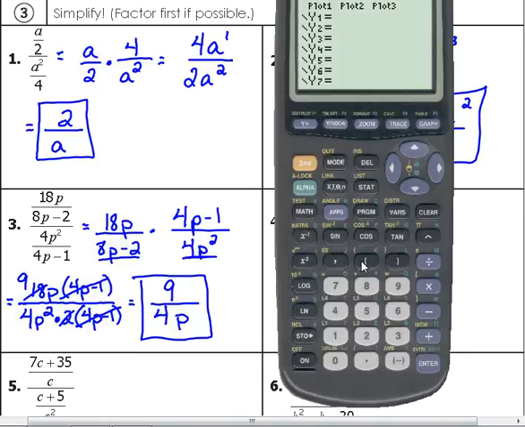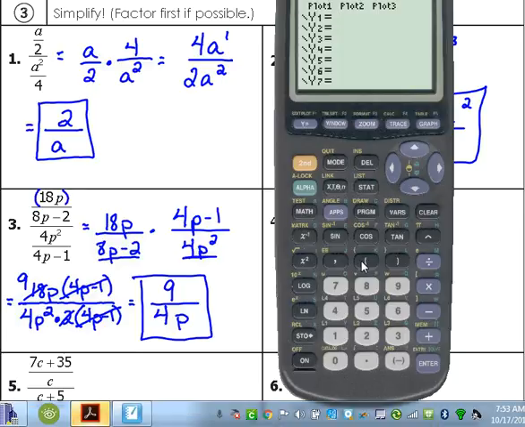So we've got to put parentheses around each numerator and each denominator, and parentheses around the big numerator and the big denominator. This is not the most effective thing to do, but it is possible.